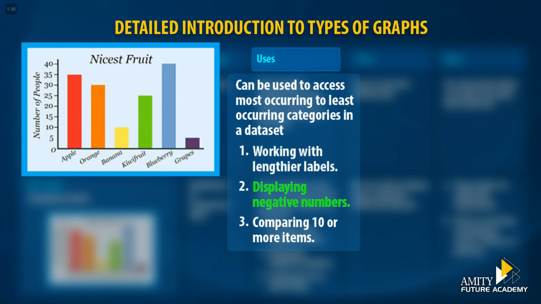Displaying negative numbers: as I mentioned, bar graphs work on the number line rule, so I can plot not only positive numbers but also negative values. I can compare 10 or more items. If I want, I can add more fruits and plot more data in it, so I can compare more items.